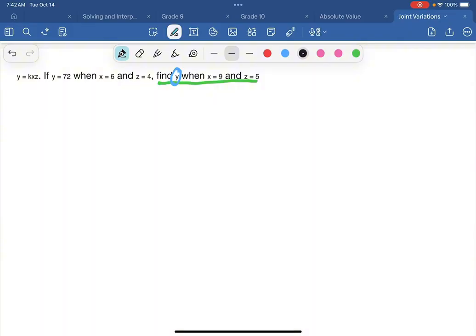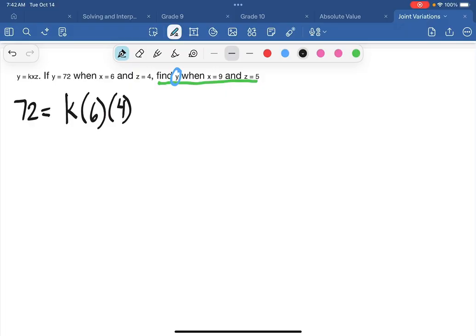So if y is 72, when x is 6, so we don't have a k this time, so 6 times the value of z is 4.